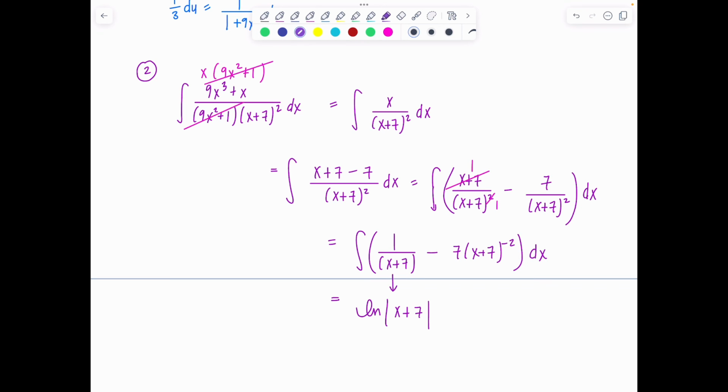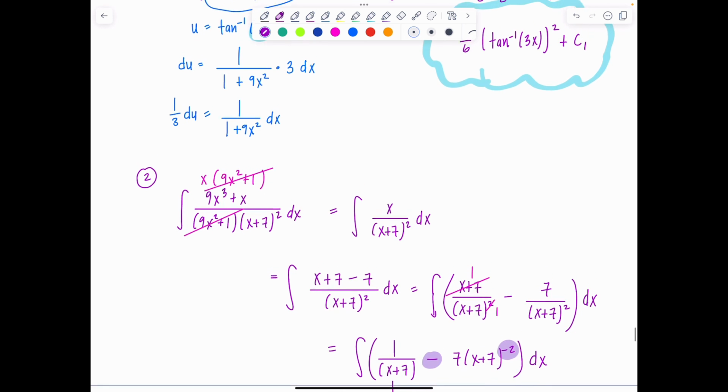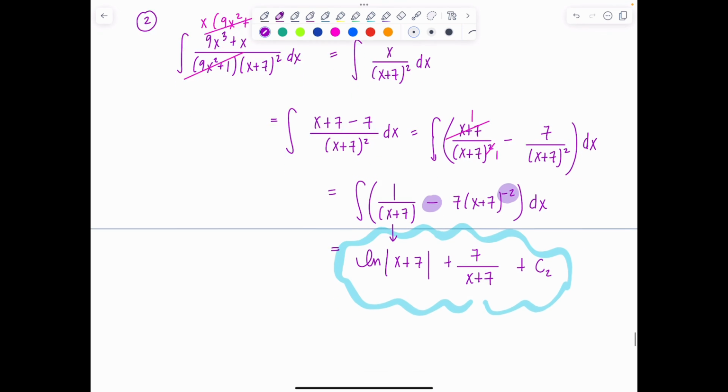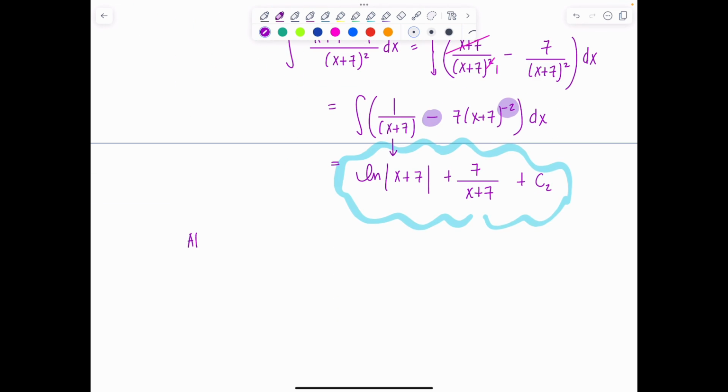I'm going to add 1 to the exponent, divide by the new exponent. That'll make this a plus 7. I'm just going to hop to it and write it over x plus 7 plus c2. Okay, so that's the second part. Done. And then all together, what do we have?